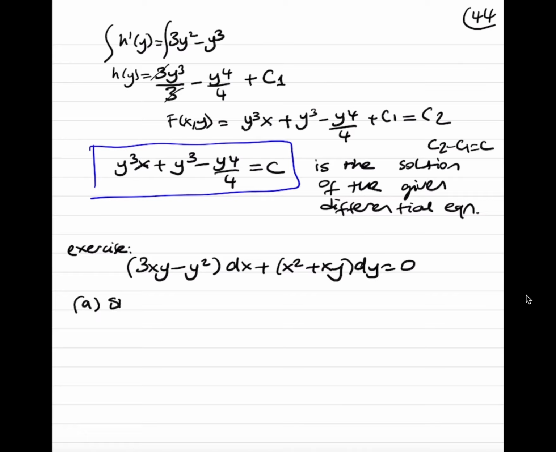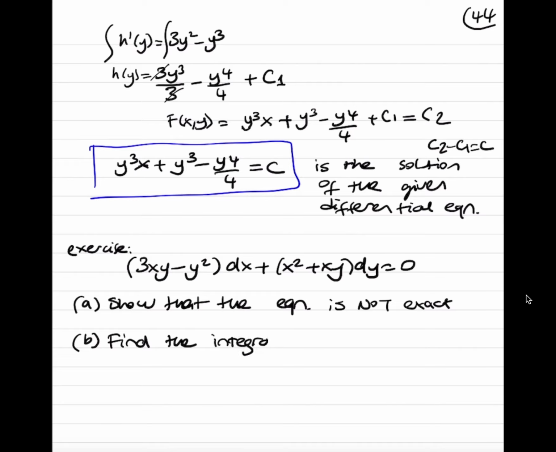Part A, show that the equation is not exact. Part B, find the integrating factor mu that makes the equation exact.